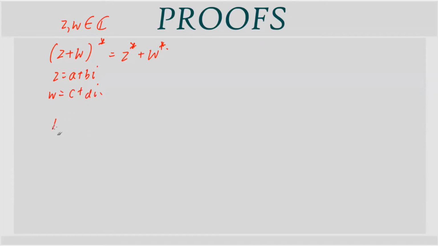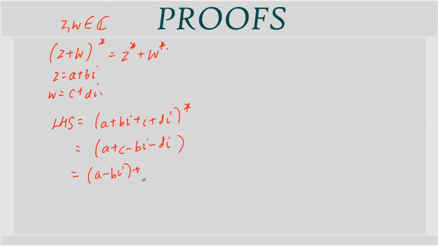Now we have left hand side is equal to the conjugate of a plus bi plus c plus di. Well, that gives you a plus c minus bi minus di, the real part minus the imaginary part in this case. And that's equal to a minus bi plus c minus di, which is the sum of the conjugates of both terms.